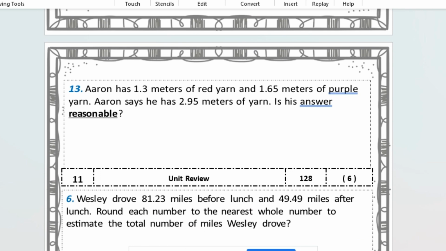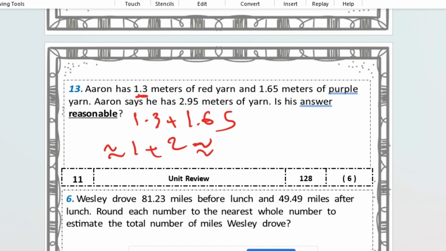Aaron has 1.3 meters of red yarn and 1.6 meters of purple yarn. Aaron says he has 2.9 meters of yarn. Is his answer reasonable? Okay, so let's just add them. If we round, 1.3 plus 1.6: 1.3 becomes 1 and 1.6 becomes 2.